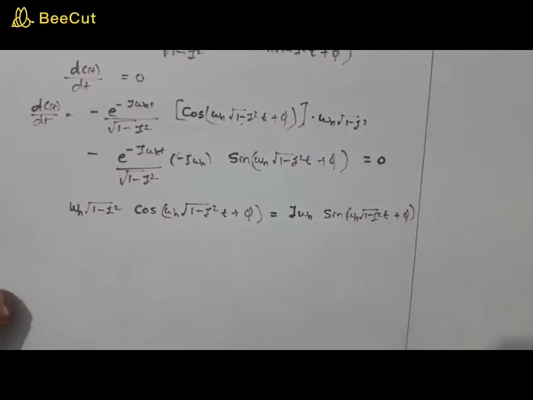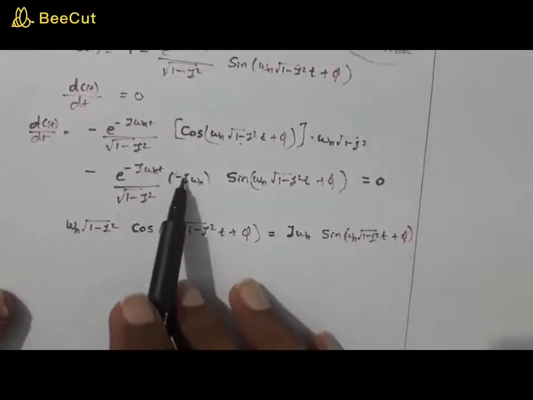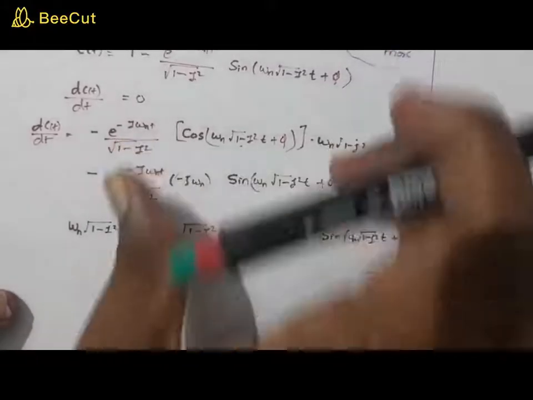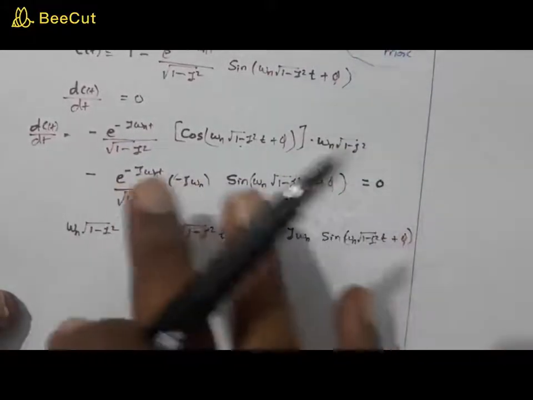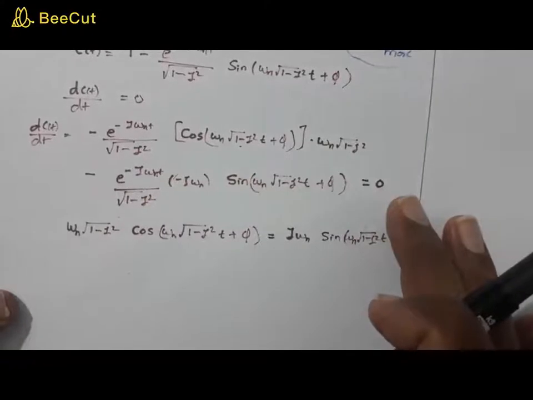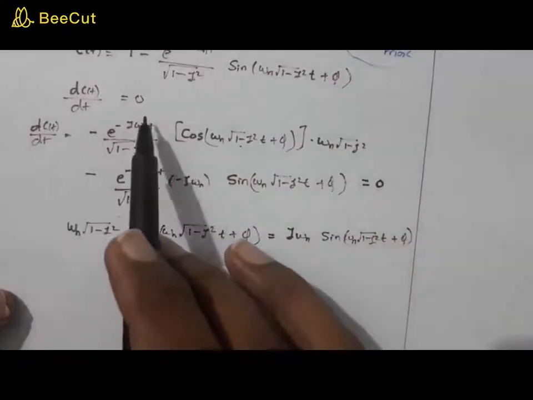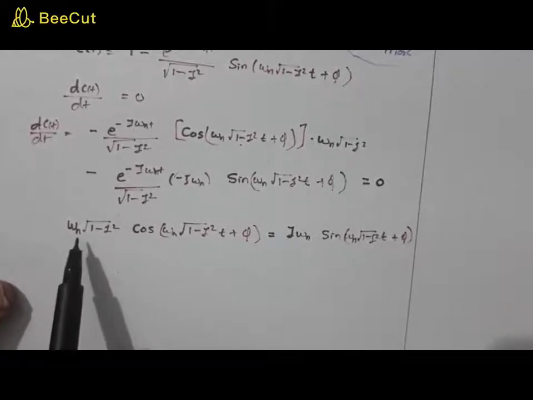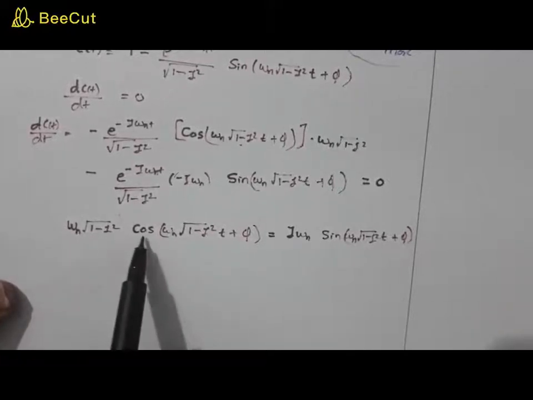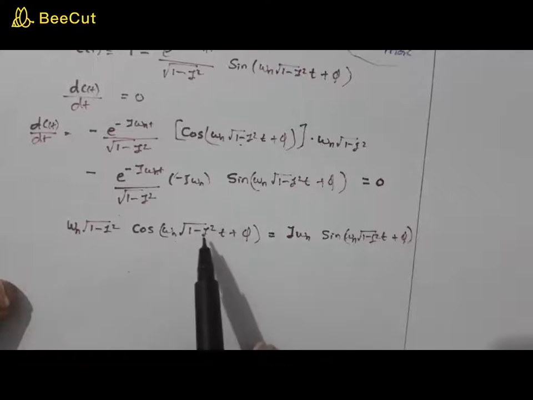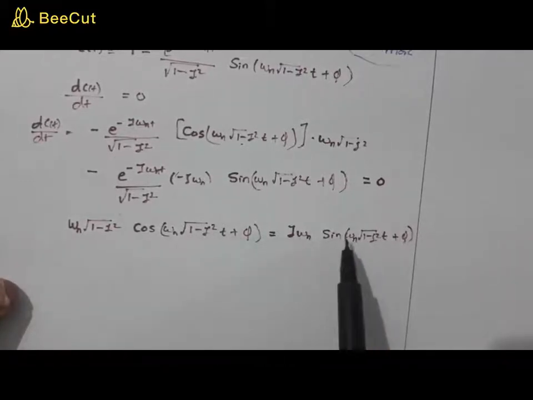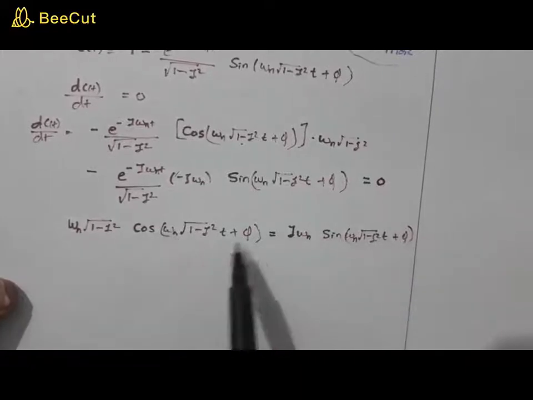Note that you have a minus sign here. Minus and minus becomes plus, so this quantity plus this is equal to 0. Bringing this term to the right hand side, the common terms cancel, so the resulting expression will be omega n root of 1 minus zeta squared cos of omega n root of 1 minus zeta squared t plus phi is equal to zeta omega n sine of the same thing.